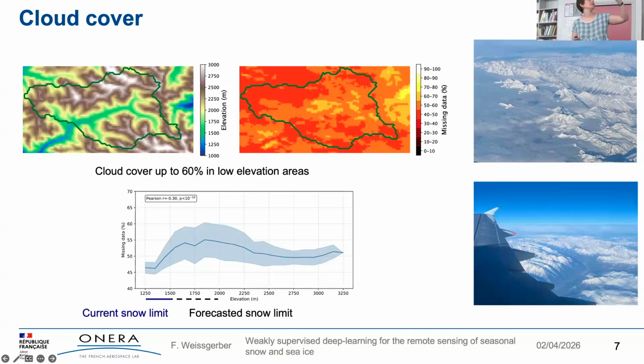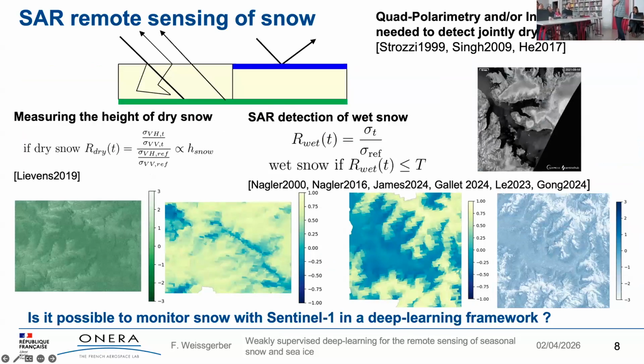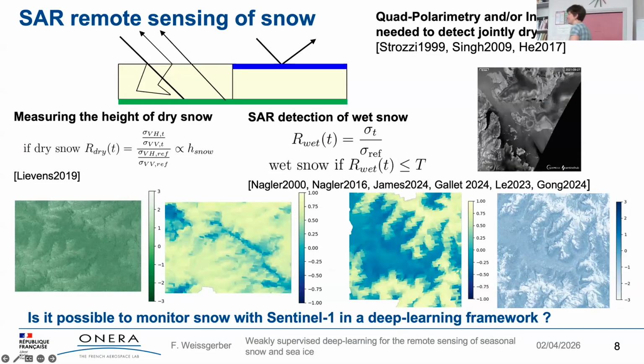And here you don't have that many clouds, you can kind of see it, but the snow limit is forecasted to go up because of climate warming, and so it will be in the area where we have much more cloud cover. So when we have an issue with cloud, what do we generally do?